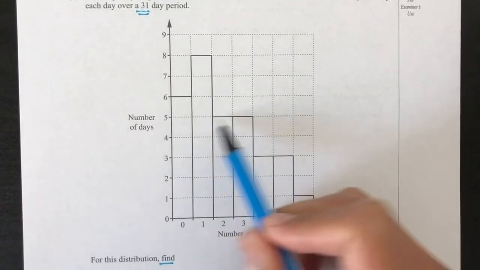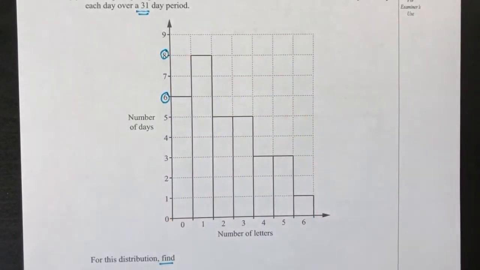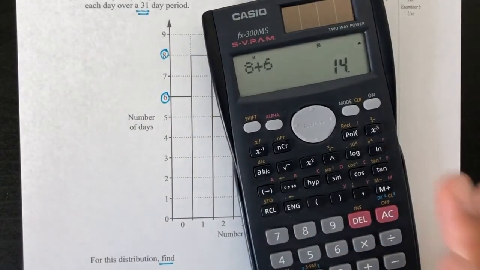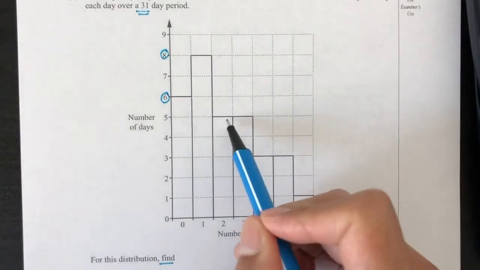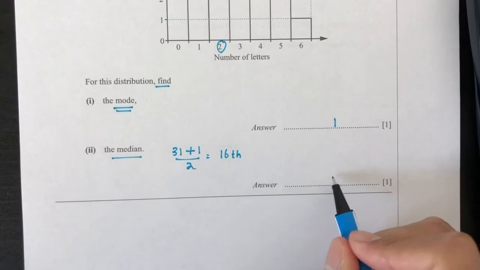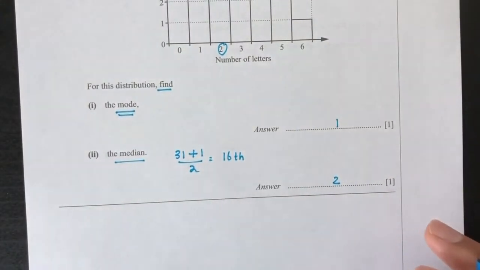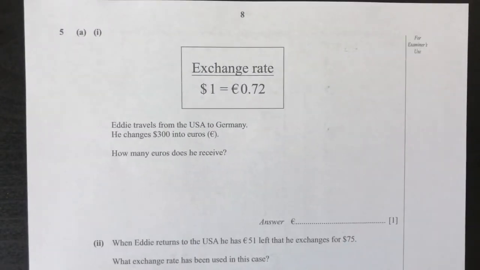So the 16th day will be in this one, so your median will be 2. That will be your answer for part B. And I think that was question number 4. Let's move on to question number 5.